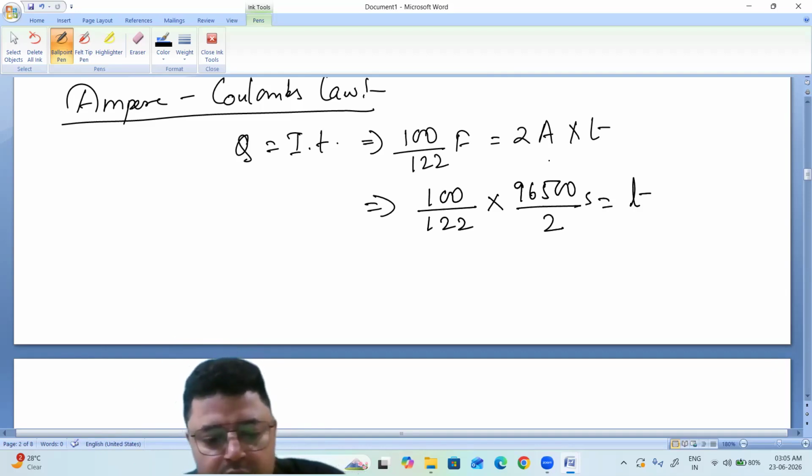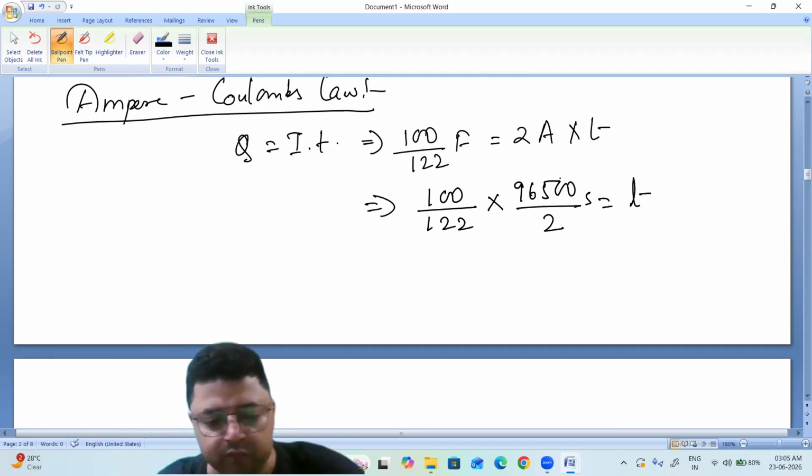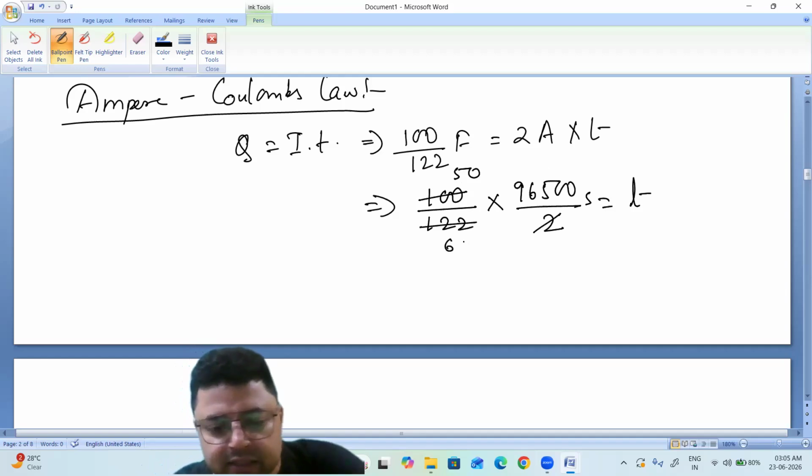Now you have to do some of the maths here. You have to cancel this 100 by 2, you will get 50. You cancel this, you will get 61 from here. You can cut this also to get 25.